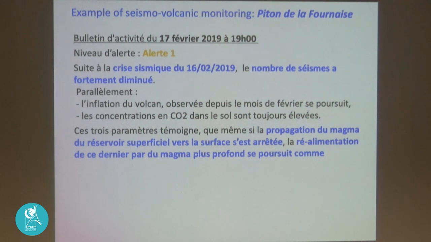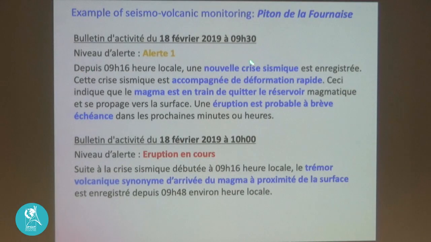So again, this is a correct interpretation, but empirical. There is no inversion, no quantitative relation between seismic parameters and other parameters. On the next day, first of all, they detect a new seismic crisis and they interpret it as a possible propagation of the magma from the reservoir to the surface, and they say that eruption is very probable.